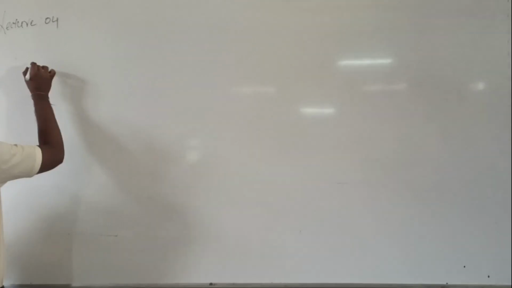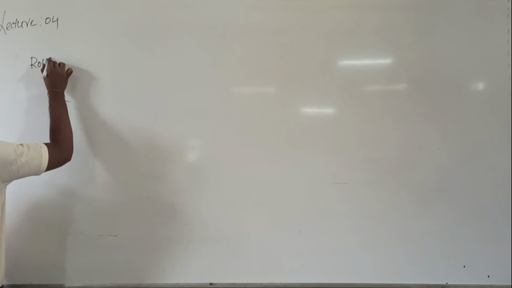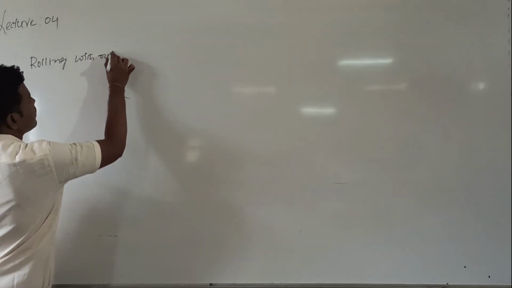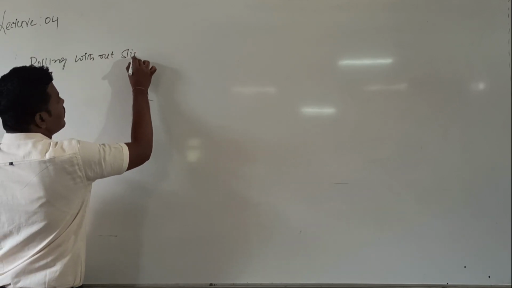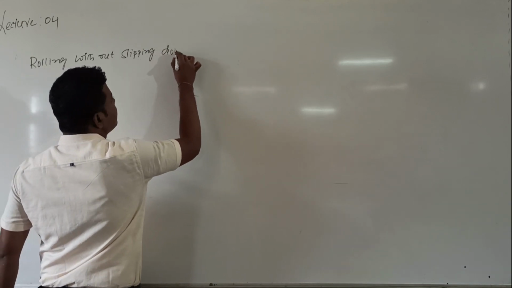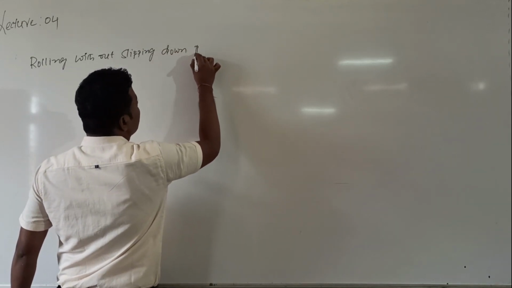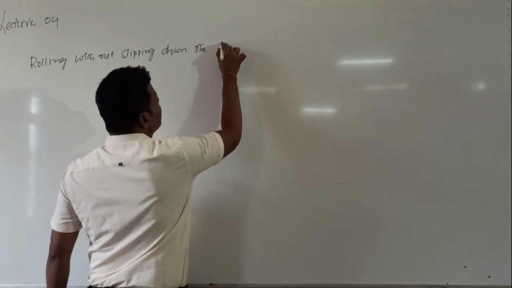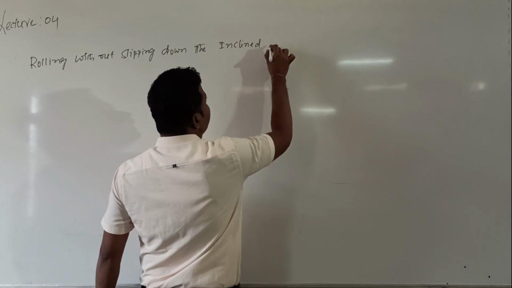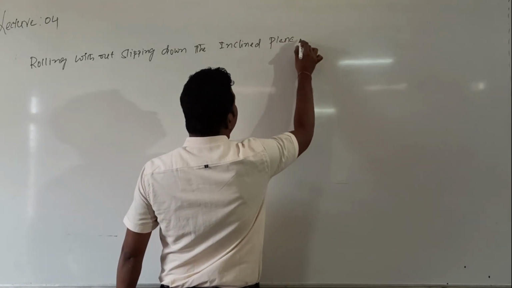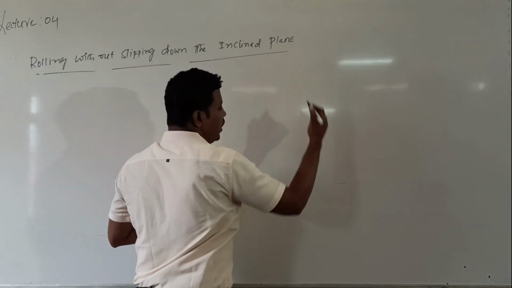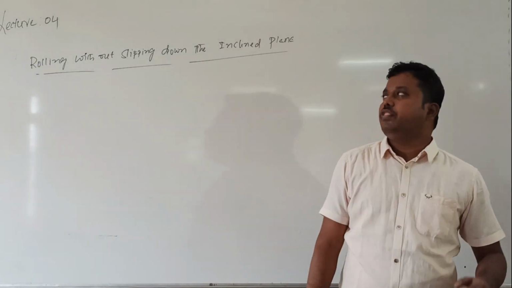Rolling without slipping down the inclined plane. Rough only. Inclined plane. If smooth, I will mention it. So not mentioned means what does it mean? It is a rough inclined plane. A body rolling down a rough inclined plane.